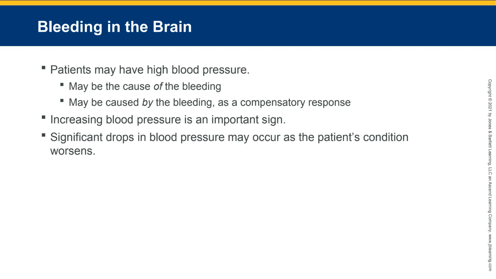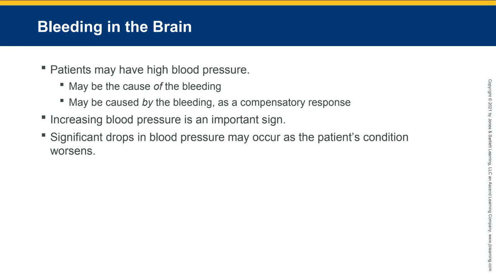Now, what this slide is basically saying, if bleeding is occurring in the brain, it can be due to the patient's blood pressure being significantly elevated, or it can be the patient's blood pressure is elevated to compensate for a buildup of pressure inside of the skull. That would be a compensating mechanism.